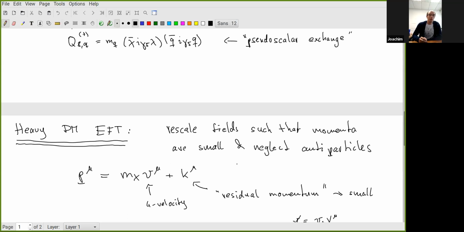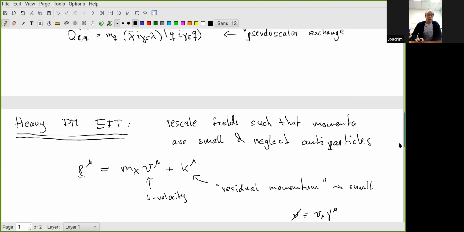But if we are in the non-relativistic regime, the masses never change, they always stay the same. So the mass of dark matter, the mass of the nucleons and so on, they never change. So it makes sense to scale them out and get rid of them and just keep the residual momentum, or you can think of the momentum transfer. So that's one thing that we wanted to do.